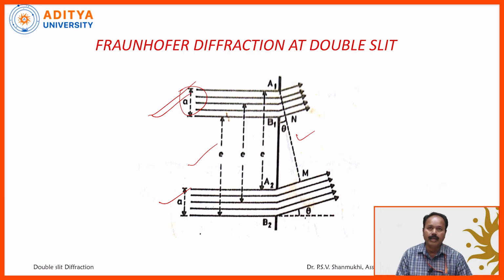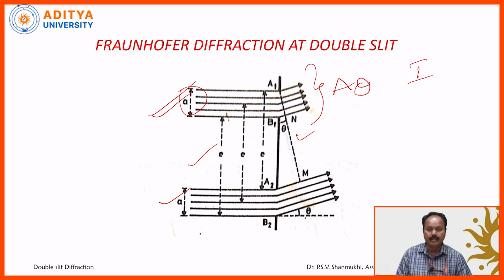Suppose consider A1 B1 is the single slit and the light rays are passing through that one. There is a bending of light. In case of Fraunhofer diffraction due to single slit, the resultant amplitude is given by A theta, or the resultant intensity is given by I theta or I1. Similarly consider the second slit.